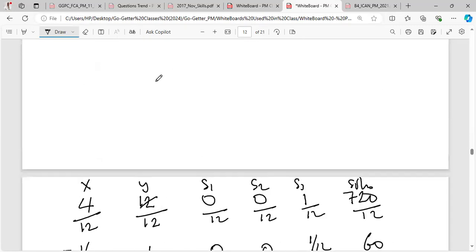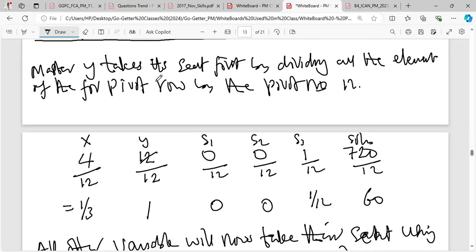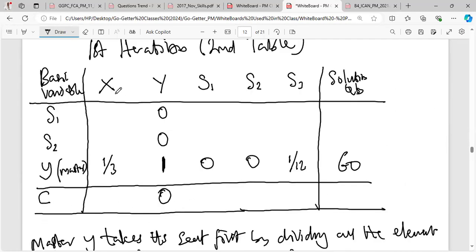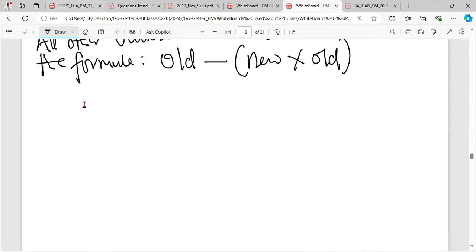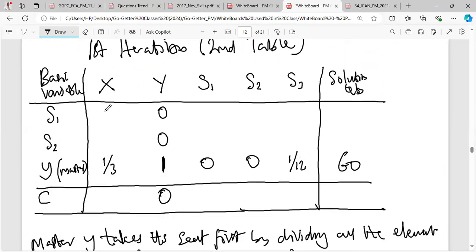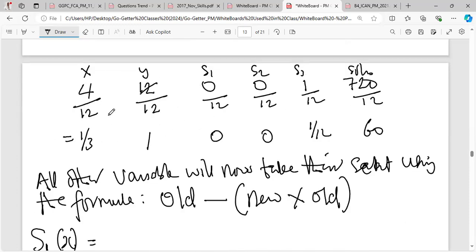Now, let's do them one by one. Let's say S1 wants to take its seat. We want to try it for column X, to check what this position here will be. S1 column X: what is old?